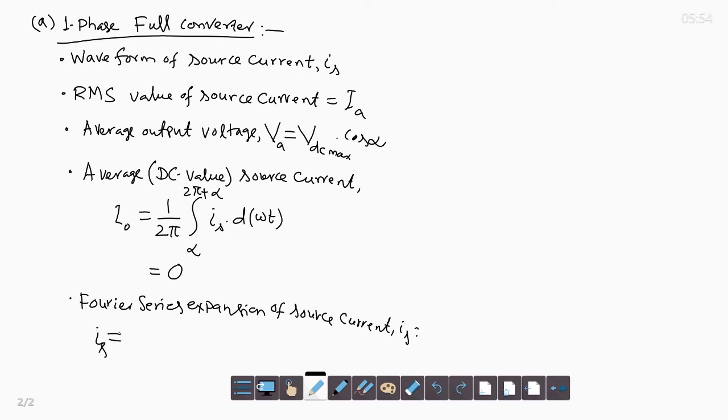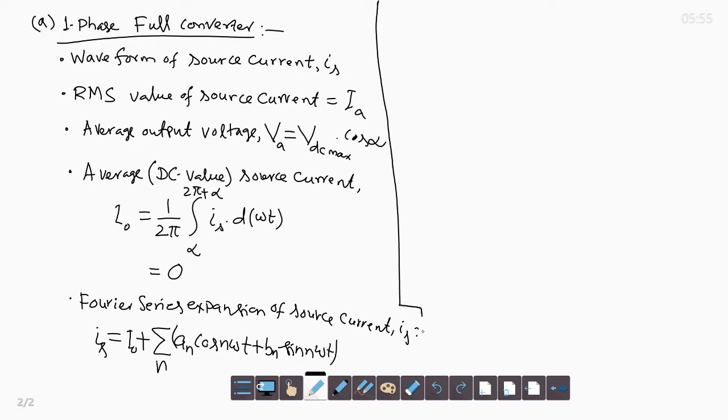I0 is 0, so it is the summation of An cos n omega t plus Bn sin n omega t, summation over all n, all the harmonics present. n is the nth order harmonic, so for all n, this is the Fourier series expansion of the source current.